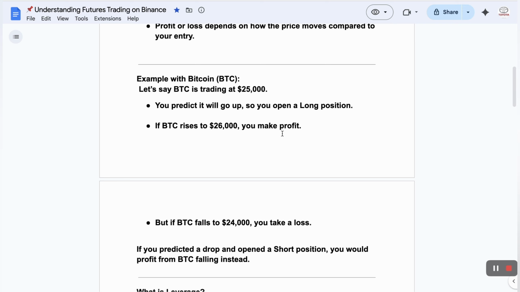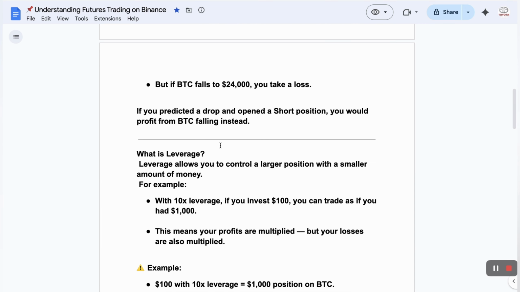You predicted that Bitcoin will go from 25,000 to 26,000, and when it gets to 26,000, you are already in profit. But if BTC falls to 24,000, you take a loss. Hope you understand me, guys. If you predicted a drop and opened a short position, you will profit from BTC falling instead.